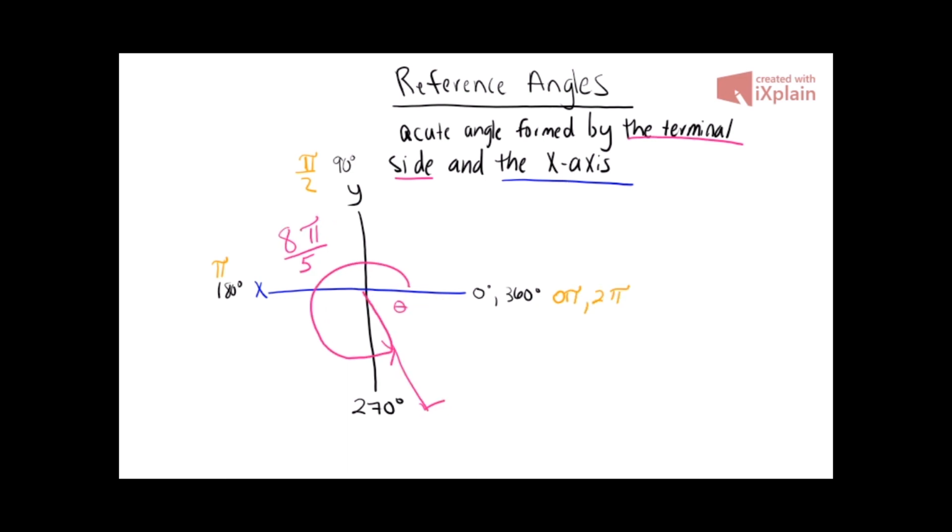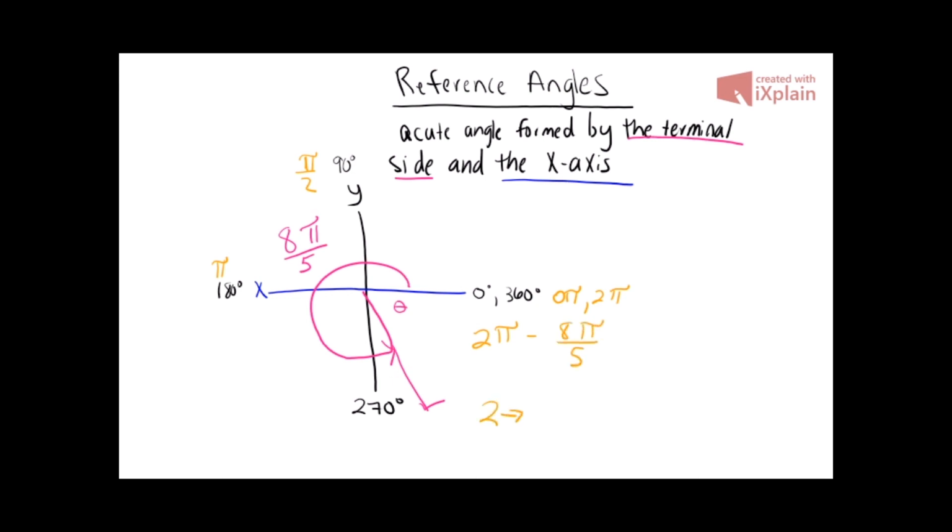Let's do another one. Let's say I've got 8 pi over 5. So here, I'm almost to 2 pi. I just need to figure out how much further I need to get. So I'm going to take 2 pi and subtract 8 pi over 5.